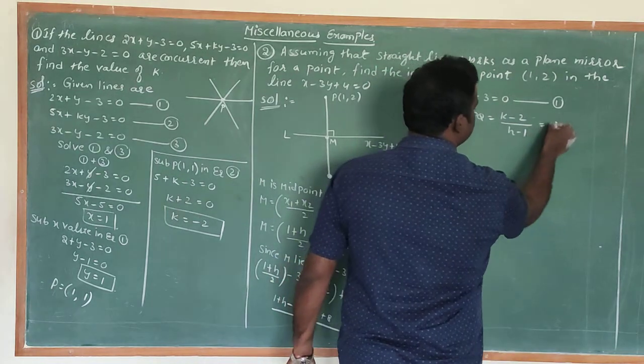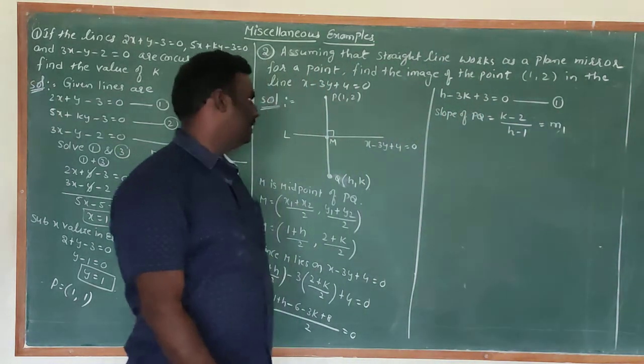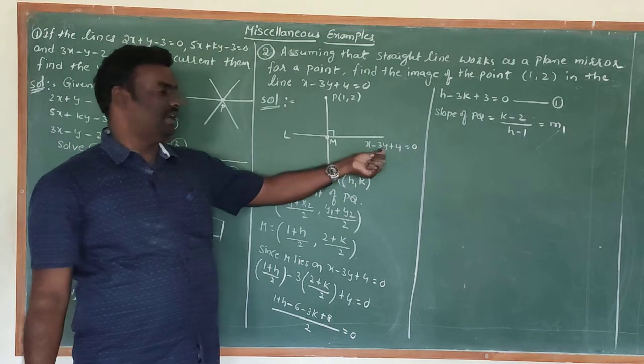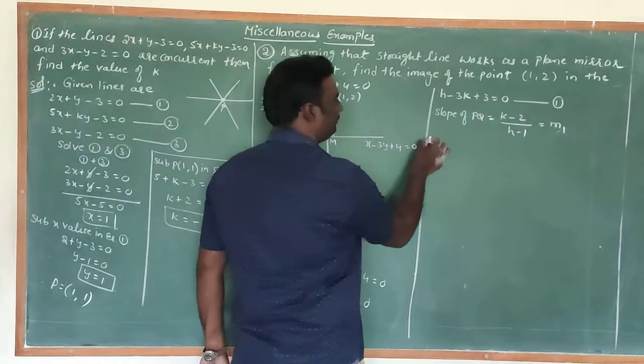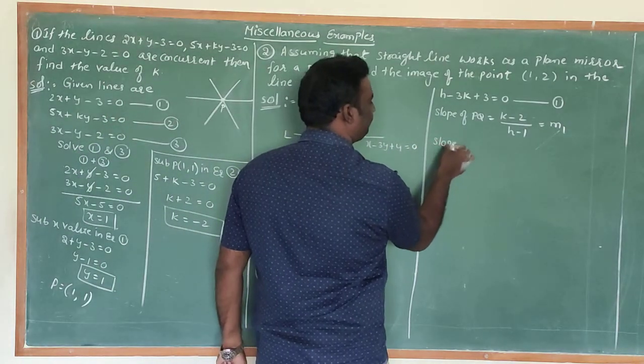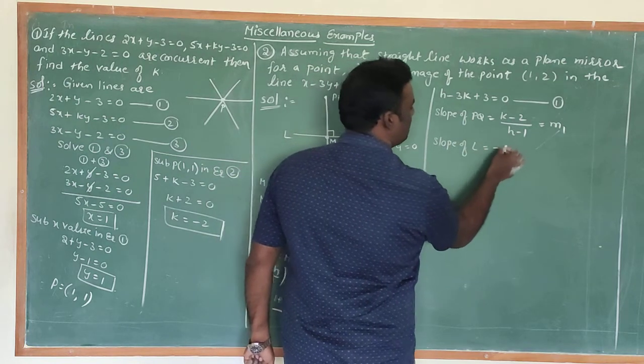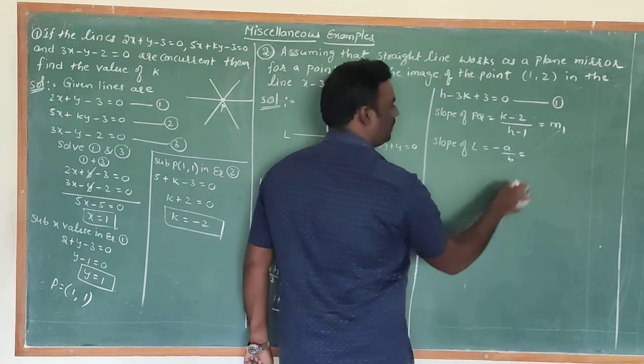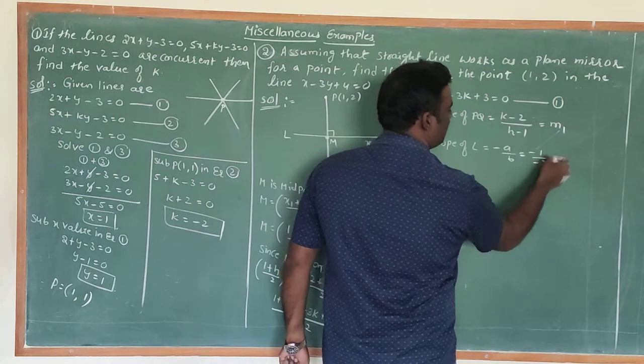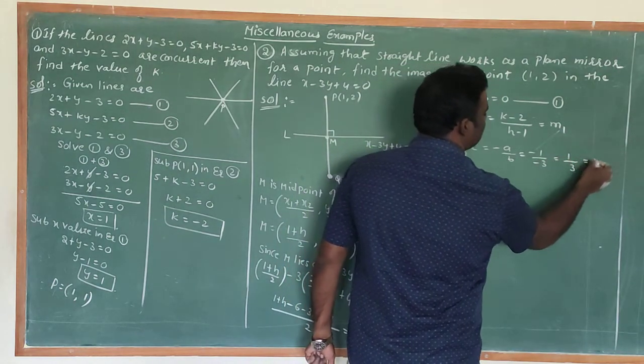This can be taken as M1. Next, I am finding the slope of L. That is minus A by B. Minus 1 by minus 3, minus minus cancel, 1 by 3, that is M2.